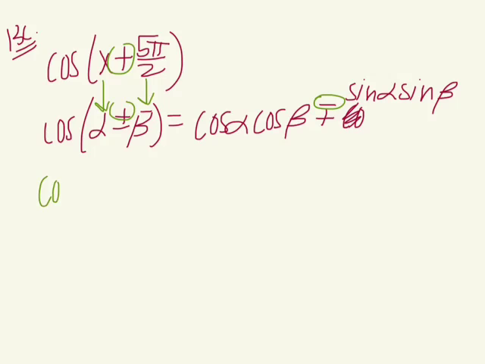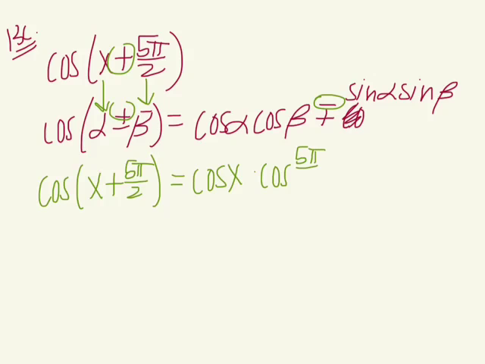So we have cosine of x plus 5 pi over 2 is equal to cosine x, because x is replacing alpha, times the cosine of 5 pi over 2 minus sine of x times sine of 5 pi over 2.